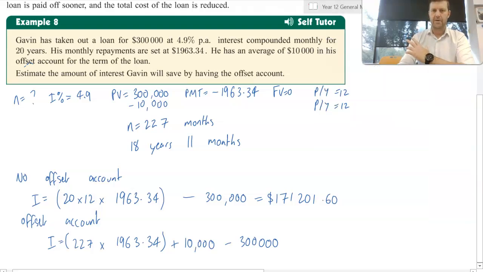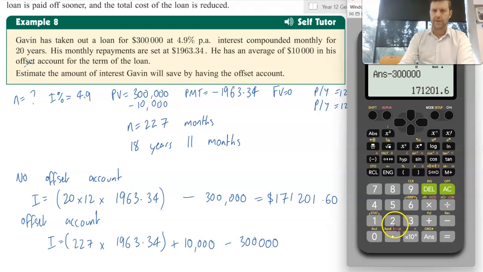So let's put that one away for now and get the calculator out. We're going to do 227 times the minimum monthly repayment, plus the $10,000. Let's say at the end he did decide to put the whole $10,000 in.